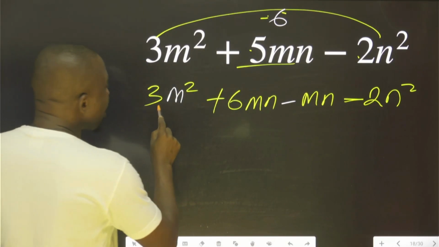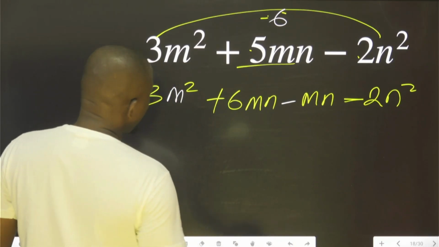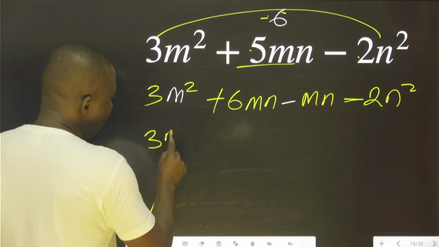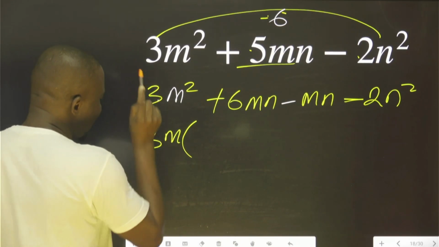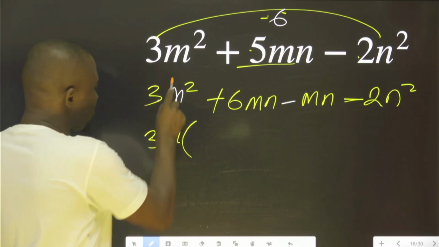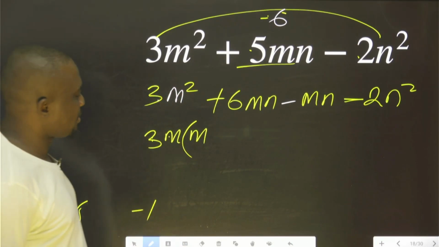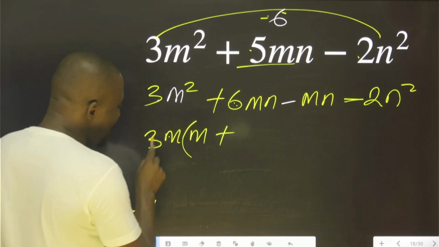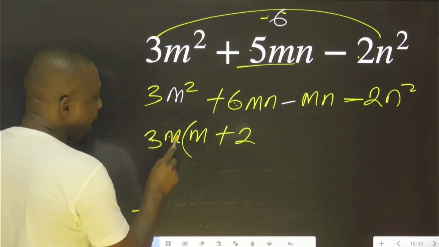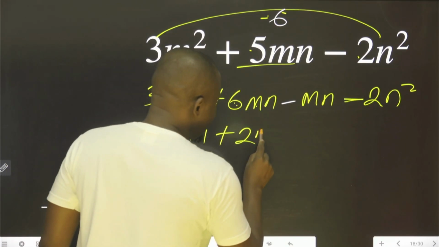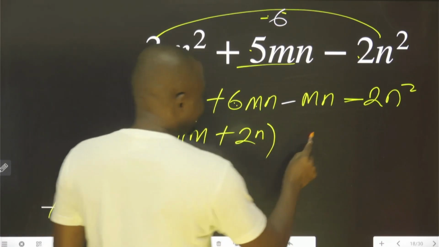What is common between this and this? You agree with me? 3 can come as a factor. m is also there. This divided by this is 1. Only m will remain. Now, 6 divided by 3 is 2. mn divided by m is n. We repeat this.